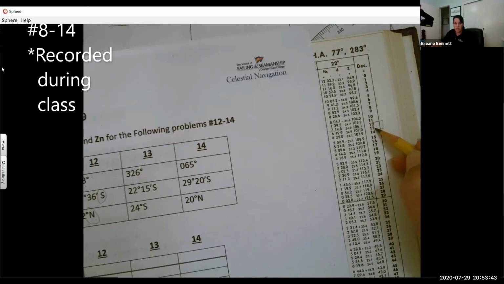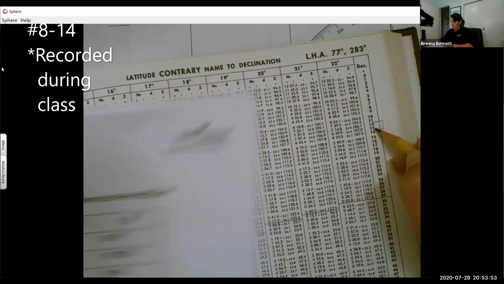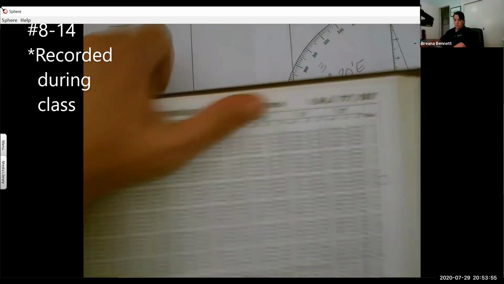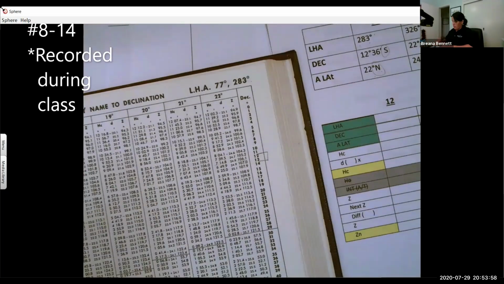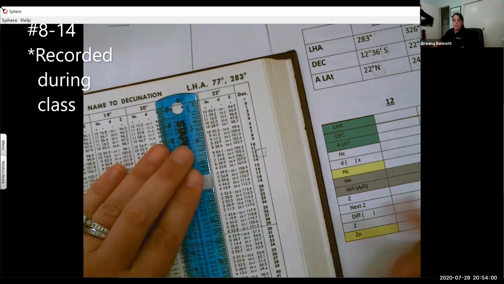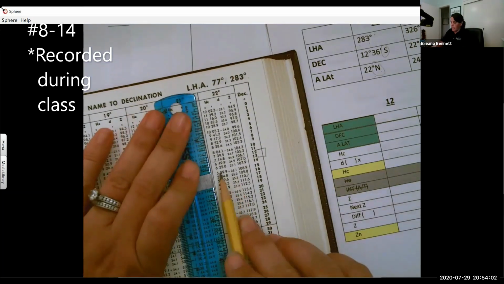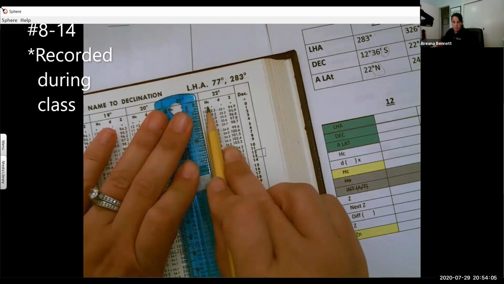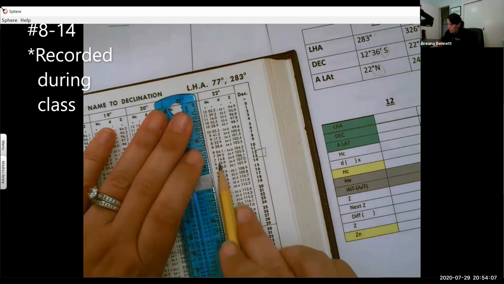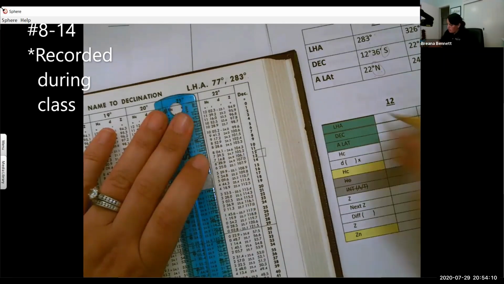So we're going to use our site reduction table and plug in our numbers and see how this interpolation works. Our first one is our HC. So HC is at the top. So our HC for 12 is going to be 7 degrees, 14.8.